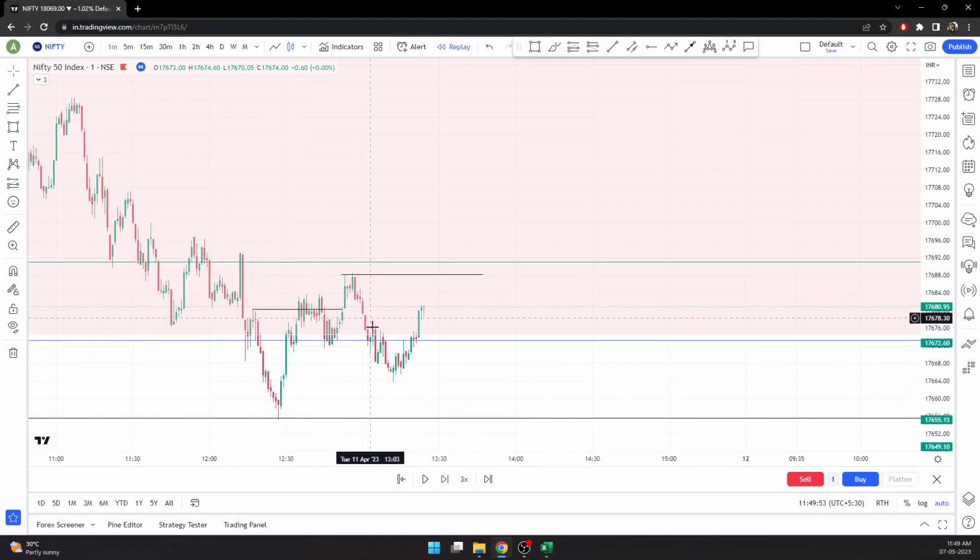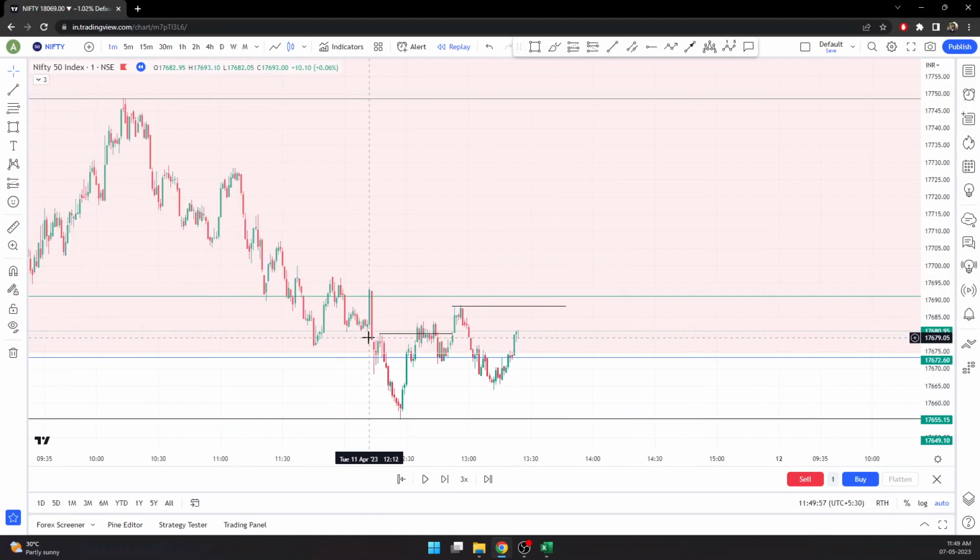We can see some consolidation or buying. If we want to read this particular 1 minute time frame, we can see it is always making lower low, lower low, lower low and lower highs. These are strong lower highs, this is a lower low, this is a strong lower high, and starting from this level it continuously made one low here, but it was unable to break this low even after this many candles.